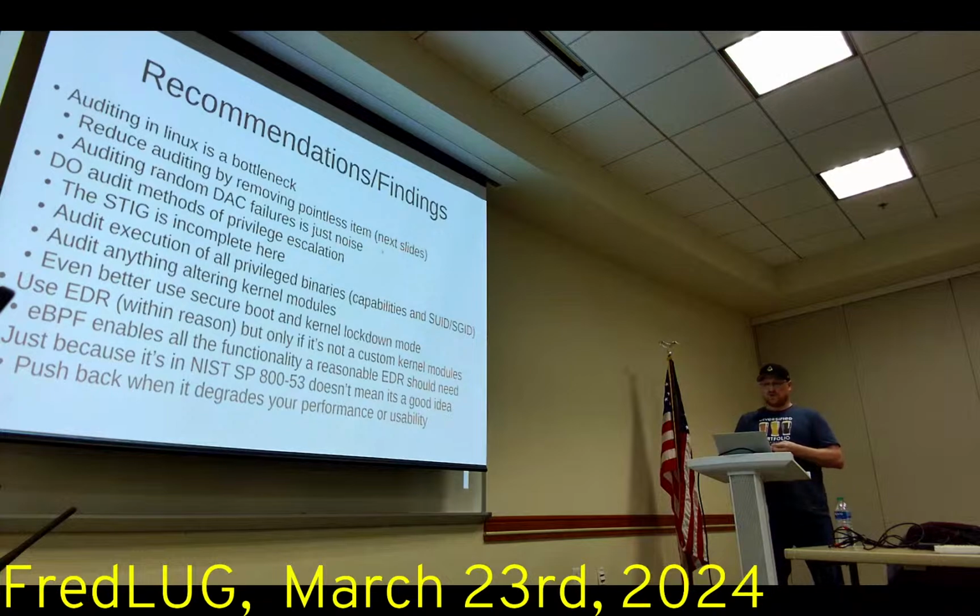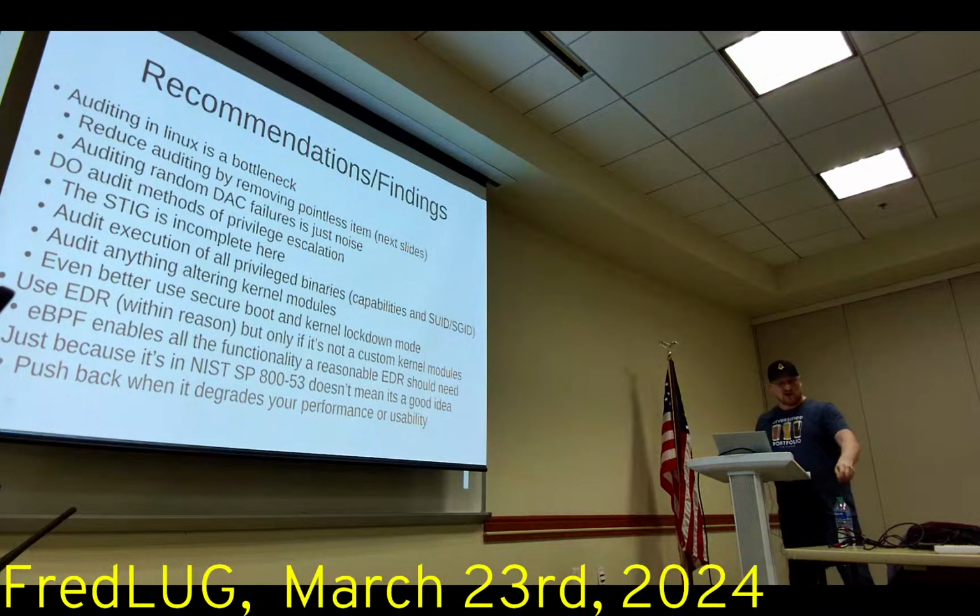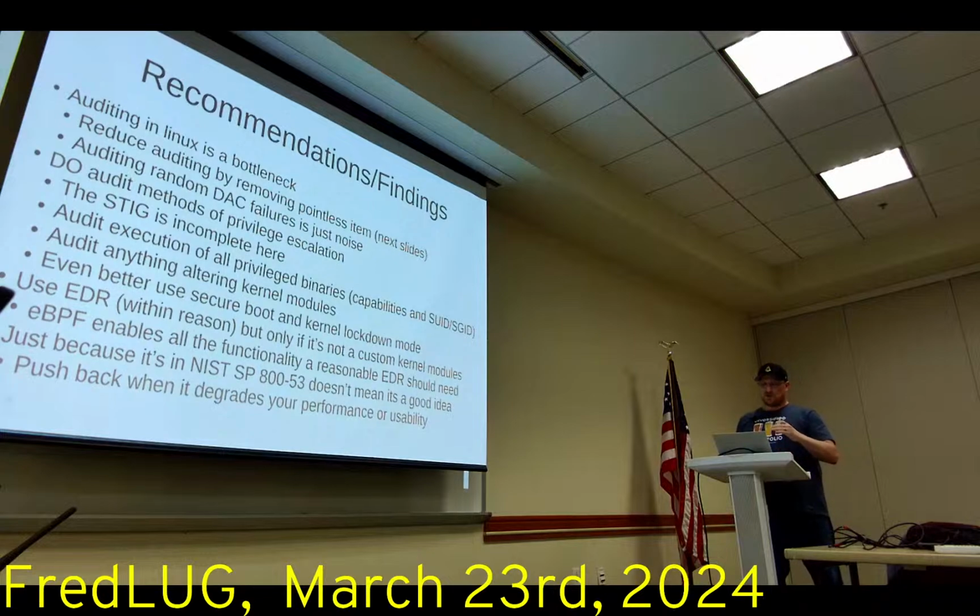One with capabilities, so there's the ability to put extended attributes with trusted capabilities on programs that run with privileges different than SUID and SGID, but still are dangerous. So I want to audit those thoroughly. I think those should be the critical points that you want to monitor and know what's happening on your system.